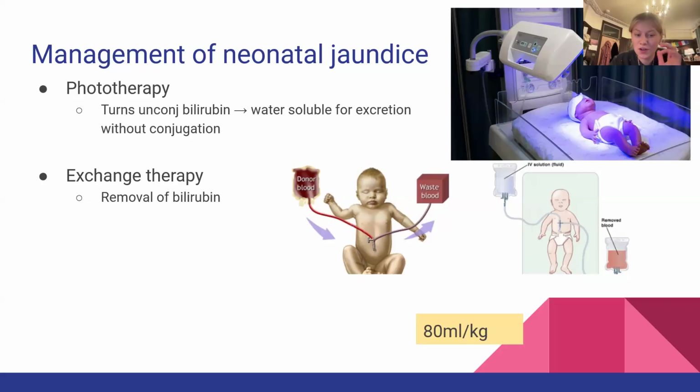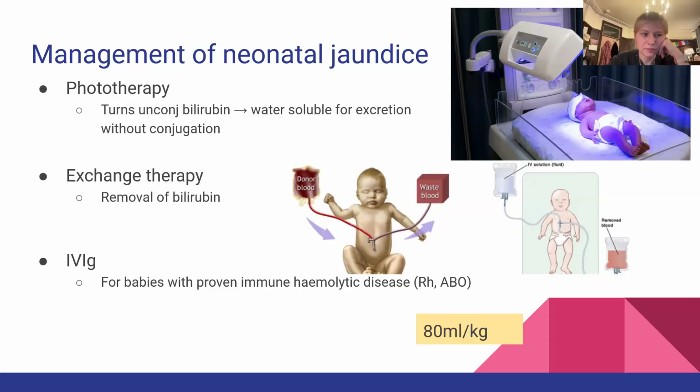If you think about your premature neonates, they might even be half a kilogram in some NICU facilities. So that's only 40 mils of blood around the whole body, which is pretty amazing. So we do an exchange transfusion to make sure that they still have enough blood, because they don't have that much to begin with. But the whole idea is you remove bilirubin from there.